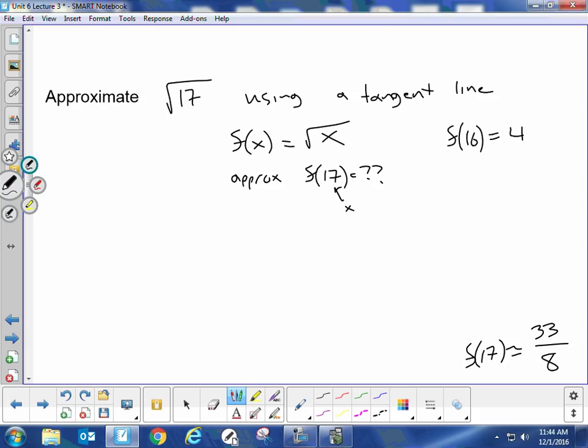I'm using 16, 4 because I do know what the square root of 16 is. Excellent. To the negative 1/2. So this is x to the 1/2. And this would be positive 1/2. Rewrite this as x to the 1/2. That way you see 1/2 x to the negative 1/2.